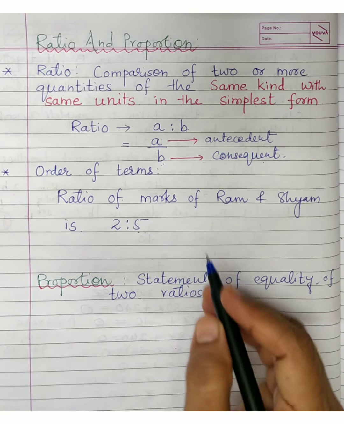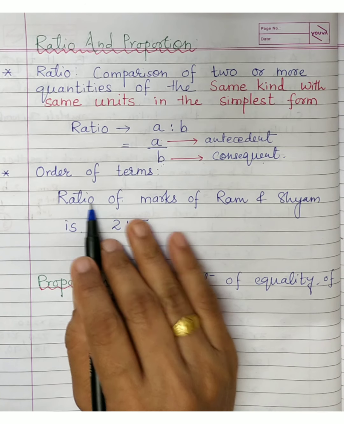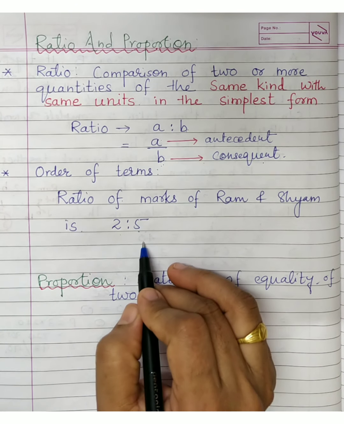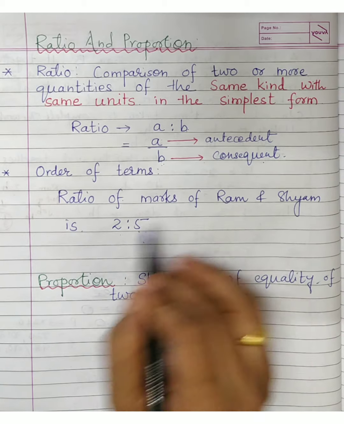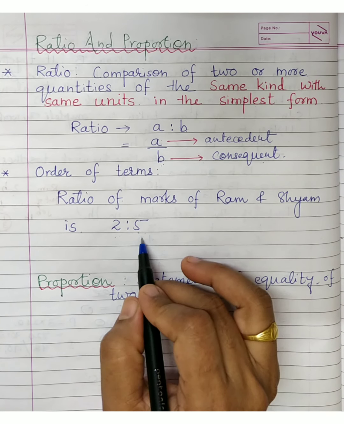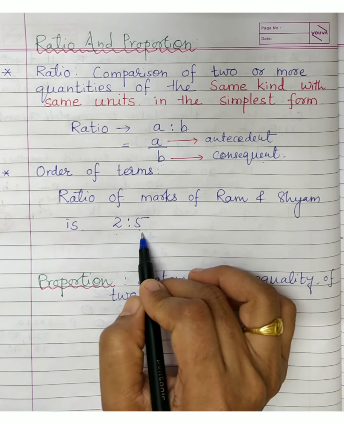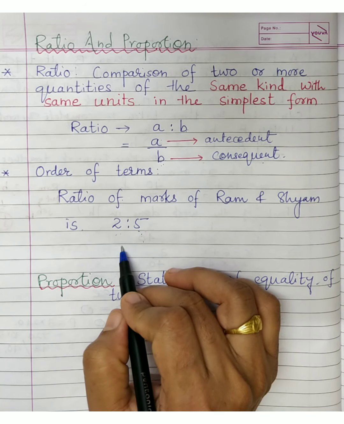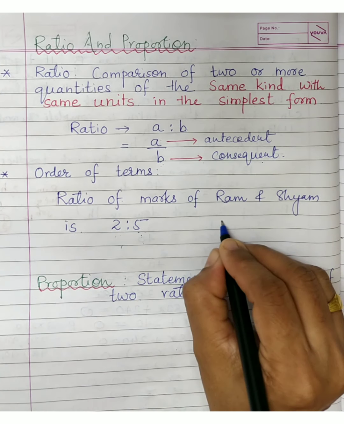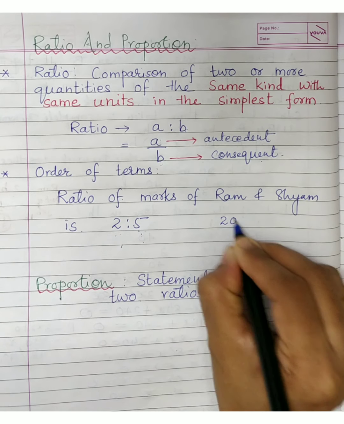Another thing I will explain: the ratio of the marks of these two people is 2:5. Does it mean that Ram has got 2 marks and Shyam has got 5 marks? No. It is one of the possibilities. They might have also got the marks, say, 20 and 50.